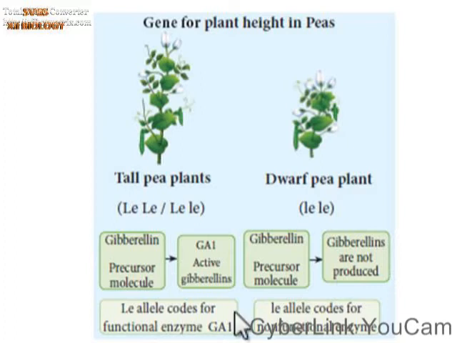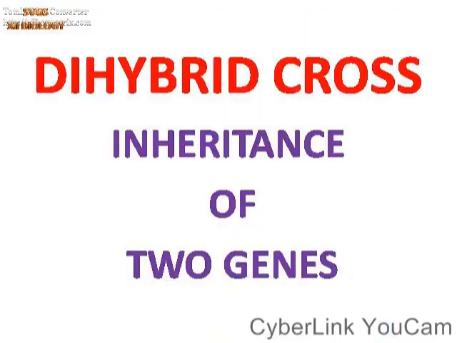So this is the GA1 enzyme. The allele codes for the GA1 enzyme. When this allele is dominant, it will produce the enzyme, so the gibberellin will get activated and the plant will be taller. When the gene is recessive, this enzyme will not be produced, so the gibberellin will not get activated, and the plant will be a dwarf plant.